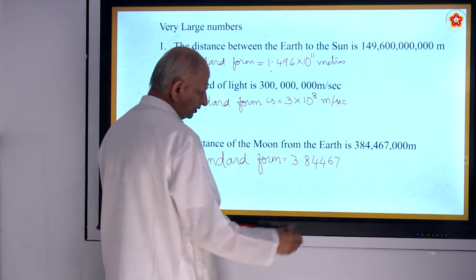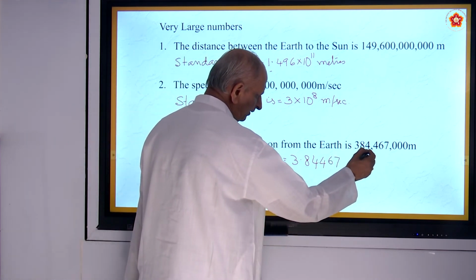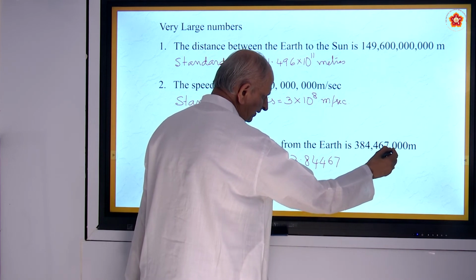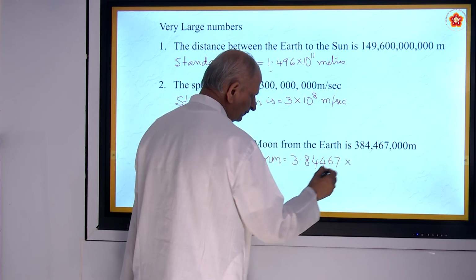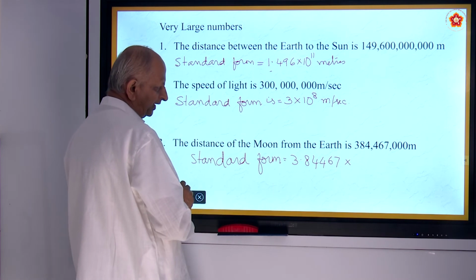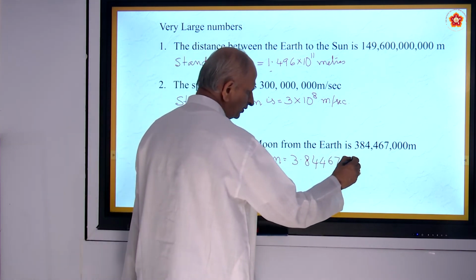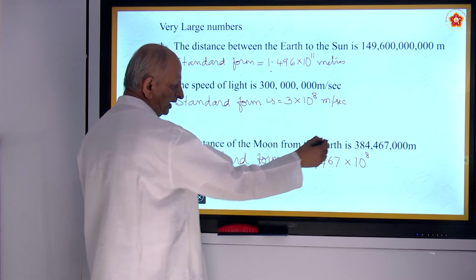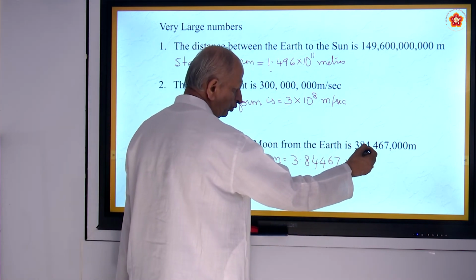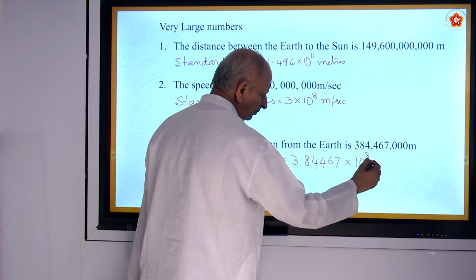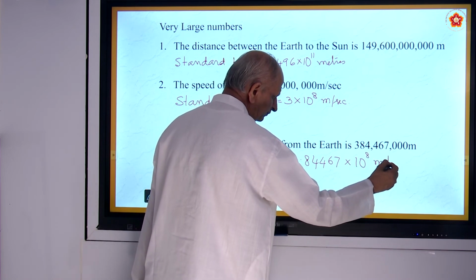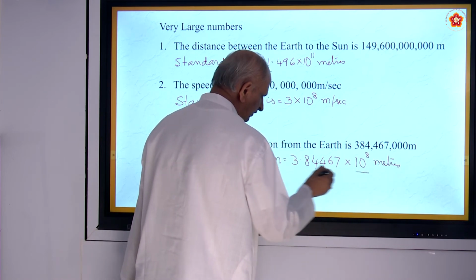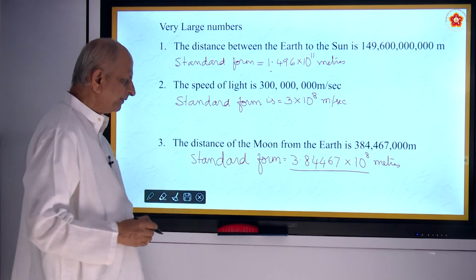Okay. Now how many places? 3 plus 6 plus 3, 9. So 3.84 into 10 to the power of 8. The 3 has already come. 2, 5, 8. So so many meters. That is the distance of the moon from the earth.